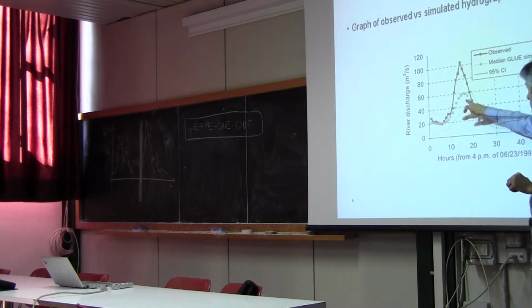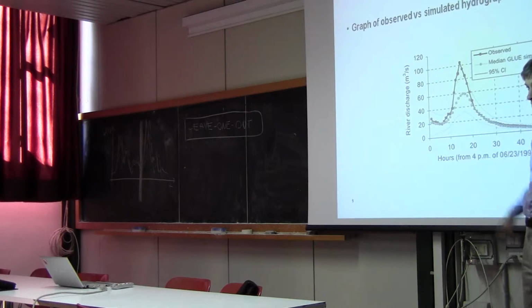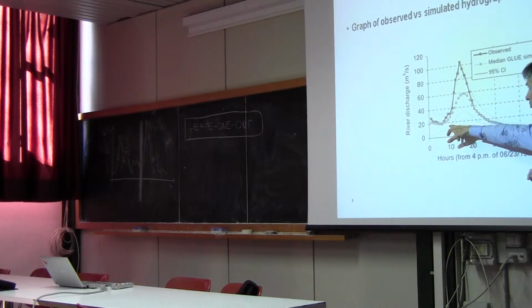Okay? So there is the black one, which is observed, and there is the gray one with gray circles, which is simulated. And you see the comparison. You can see that you have a percentage error that is close to 50% for the peak, but the low flows are well reproduced.